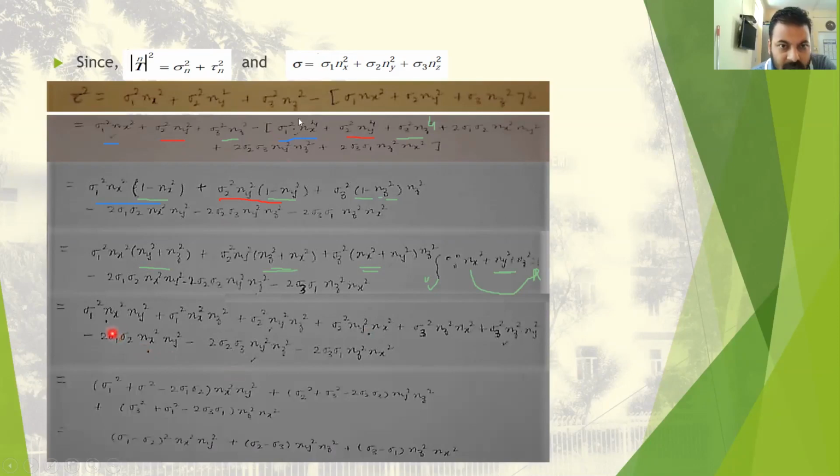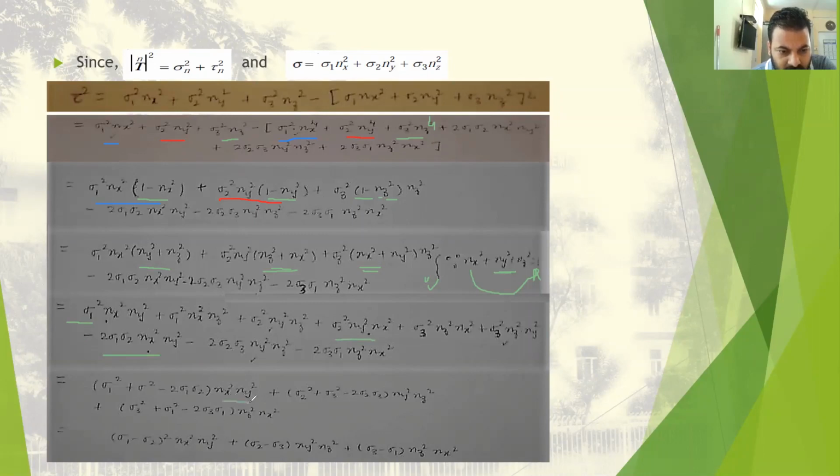So now this sigma 1 nx square, this 2 sigma 1 sigma 2 nx square ny square, and this sigma 2 ny square nx square.